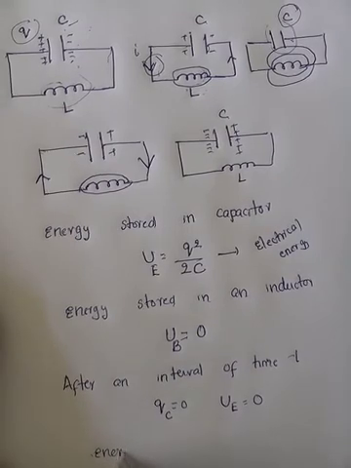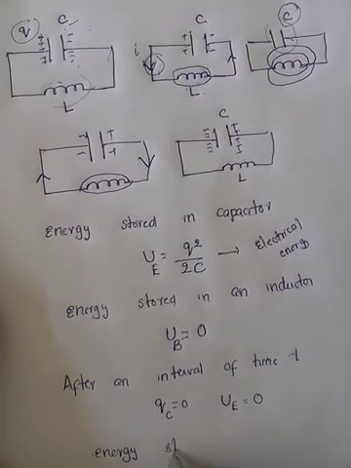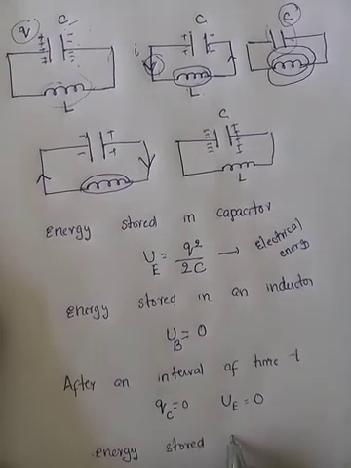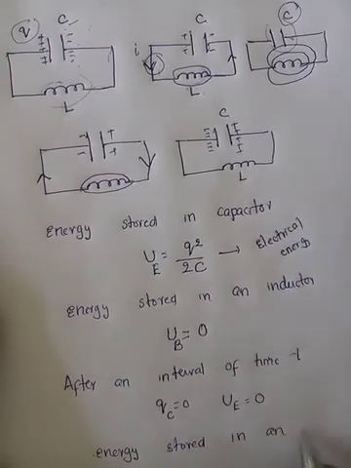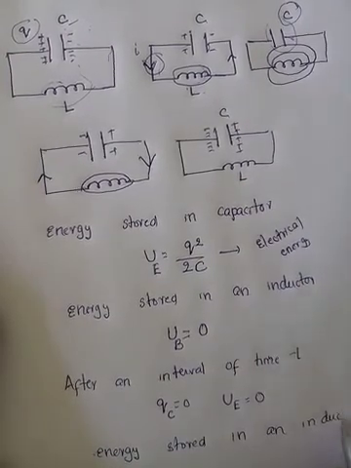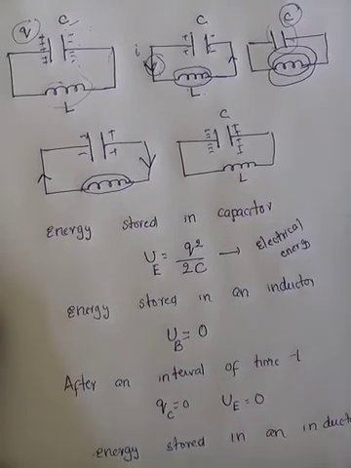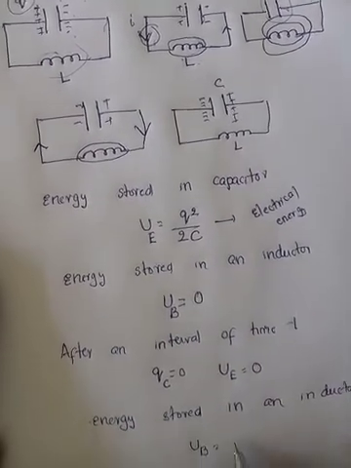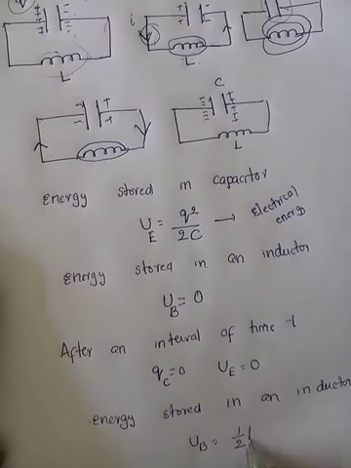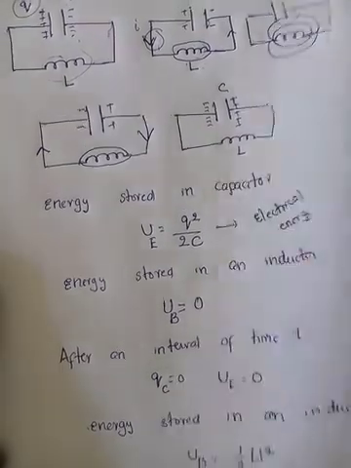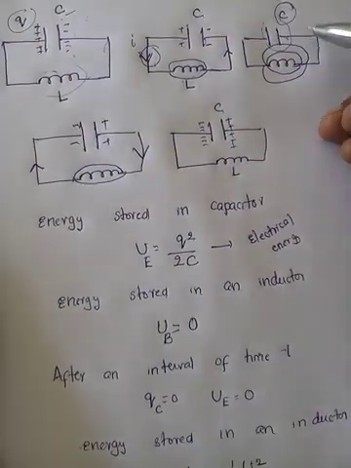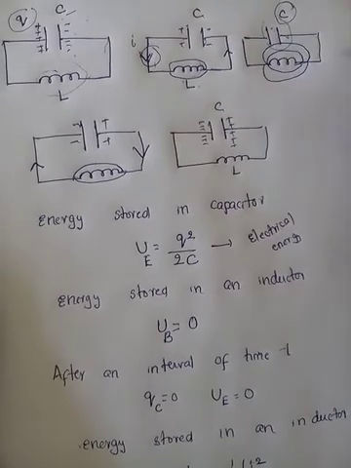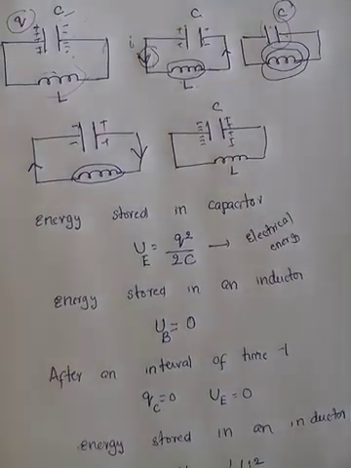The energy stored in the inductor is UB equals half Li square. The charge has continuously flowed and finally the capacitor becomes empty and the current is maximum.